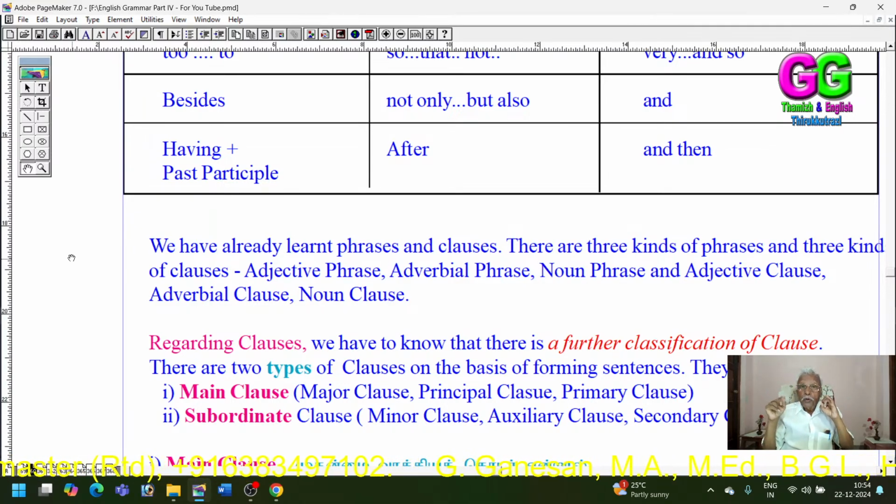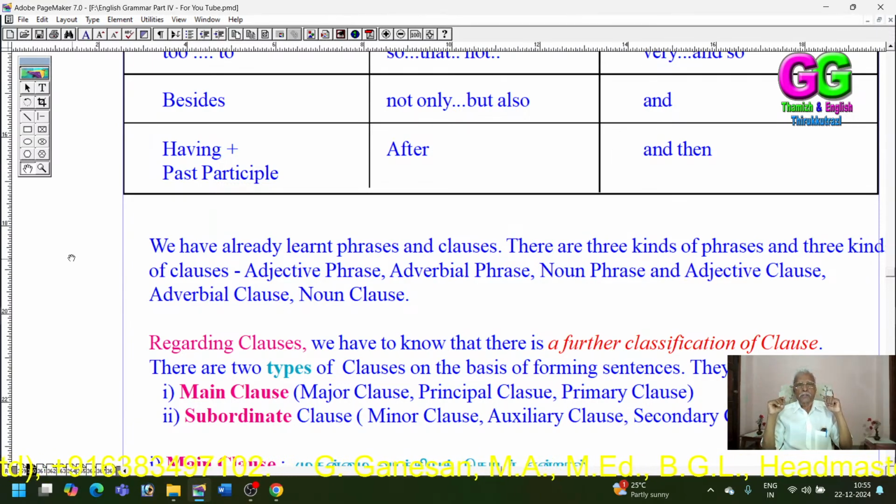One is main clause, another is subordinate clause. That is, regarding phrases and clauses, there are three kinds of phrases. But regarding the formation of English sentences, they divide the clause into two kinds: main clause and subordinate clause.